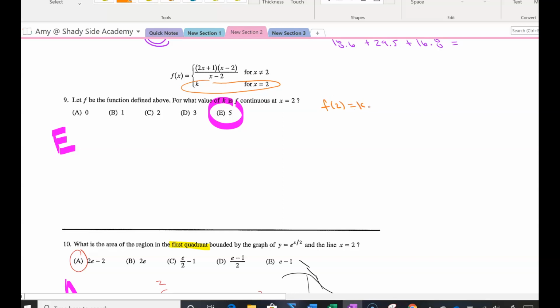But then that value has to equal the limit as x approaches 2 from the left and from the right. It just so happens that this is the expression for f whether you approach from the left or from the right. When you look at the limit as x approaches 2 from the left or the right, you're going to get that the limit equals 5. Therefore, k has to equal 5.